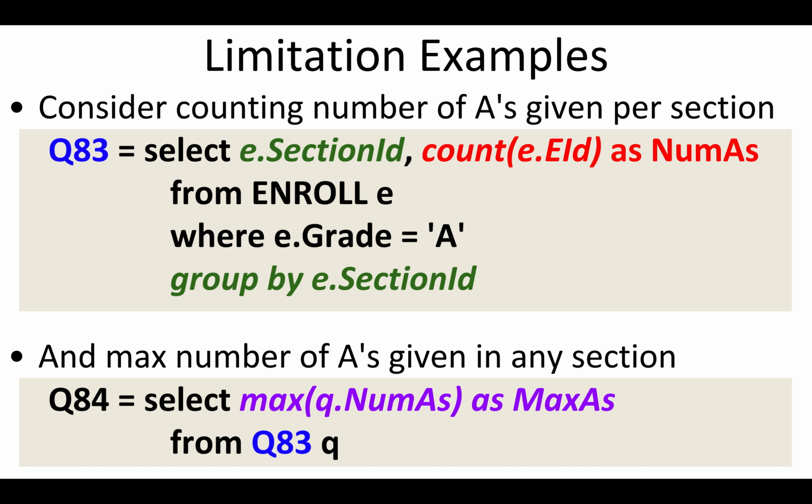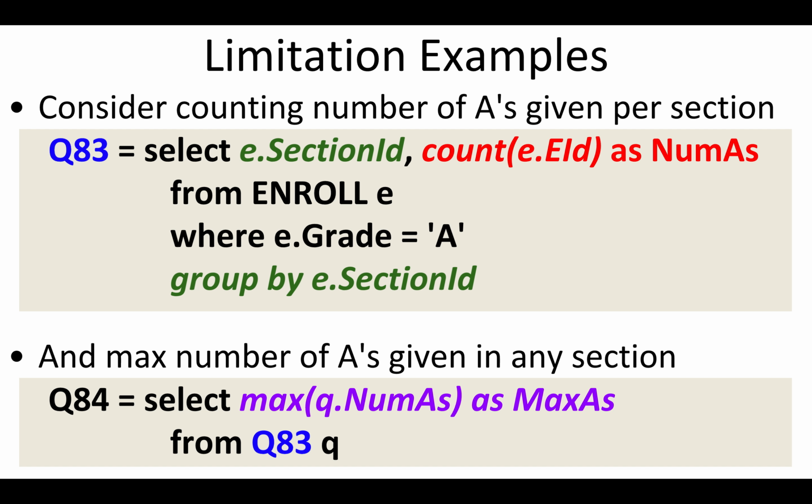We toyed around with the idea of calculating how many A's a particular section got, and then finding out the maximum number of A's. The final question was, which section gave out the highest number of A's?